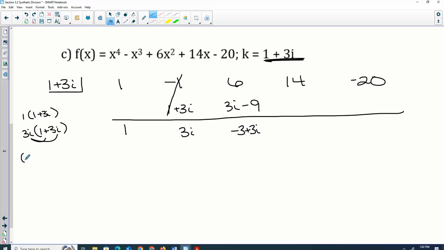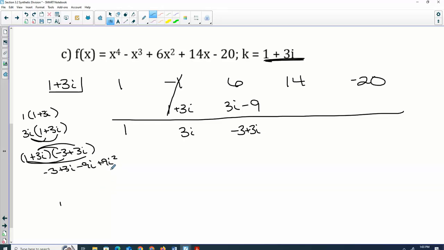Alright, this one just got ugly. So I have 1 plus 3i times -3 plus 3i. But we've done imaginary numbers. We know how to multiply this. We just might have to come out to the side and work it out. So I get -3 plus 3i minus 9i plus 9i squared.